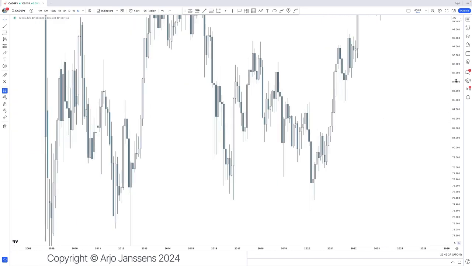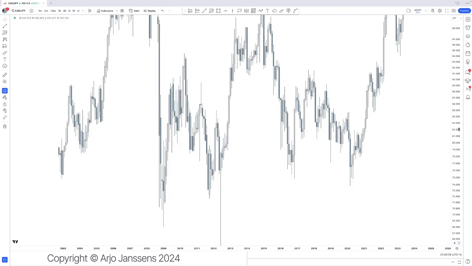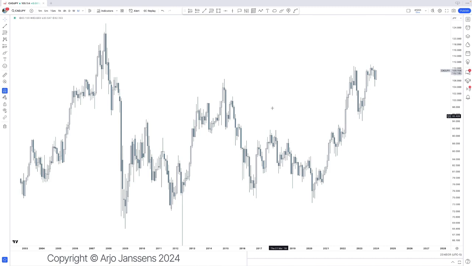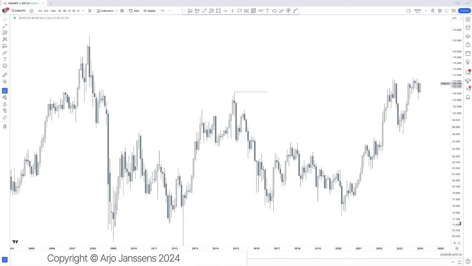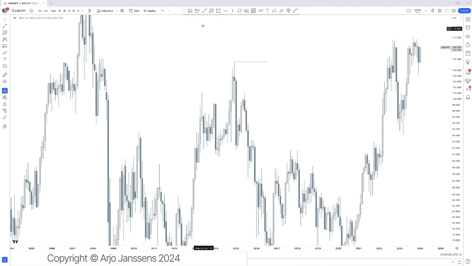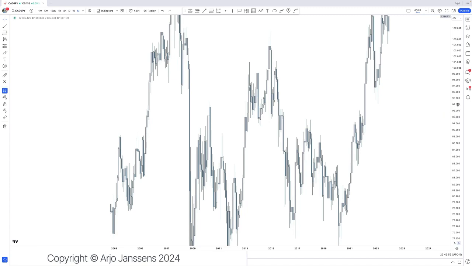Now, the next thing we need to understand is an intermediate term high, intermediate term low, where again, this, for example, is an intermediate term high. Why? Because this is a swing high with a lower swing high to the right of it and a lower swing high to the left of it, right there. So these intermediate term highs and intermediate term lows are overall on the longer term the stronger highs and the stronger lows.